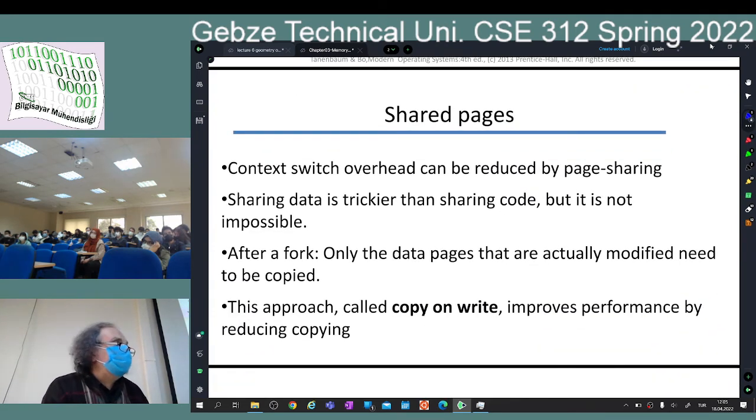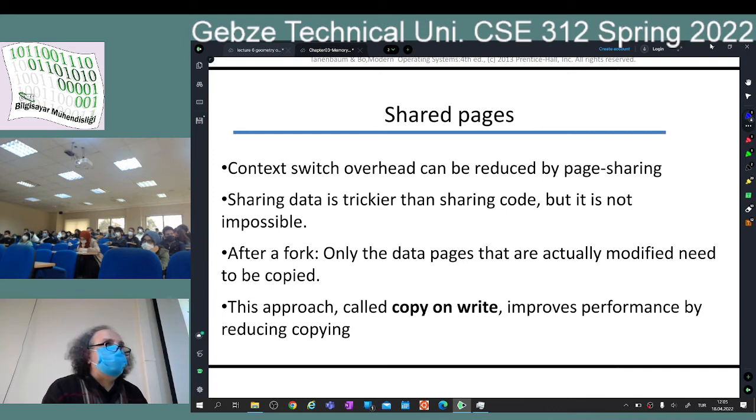Okay? So this way I end up using lots of common shared pages between two processes after the fork. Of course, this is more difficult to handle for the operating system, but if you handle it right, you will save lots of memory.